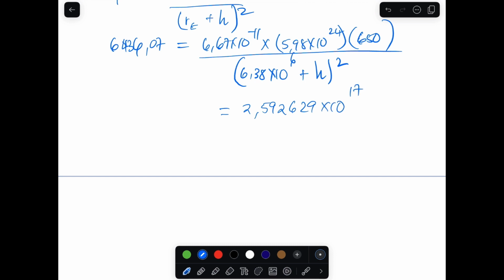You keep that in the calculator, and then you cross multiply this with this and this with this.